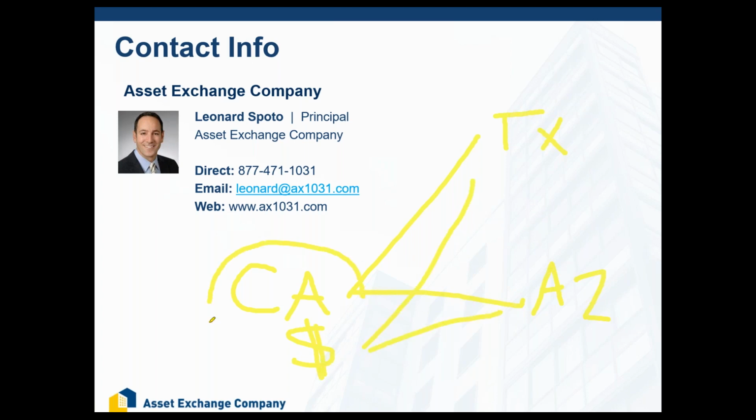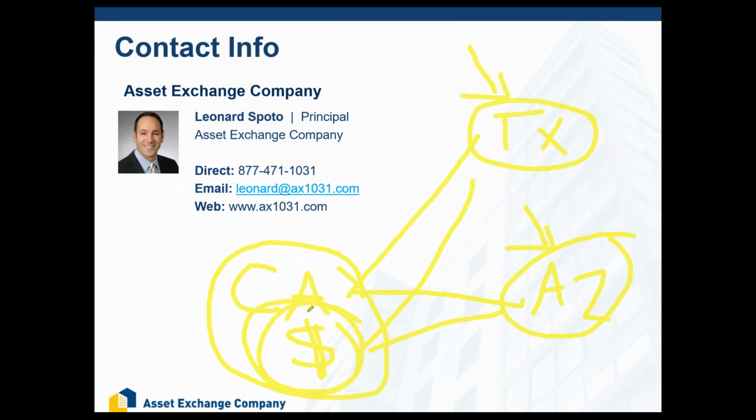So the government in California requires you to let them know every single year that you have an ongoing exchange. If you do not let them know, they're going to assume that you sold your out-of-state properties and make you pay taxes. So you have to file a form with California letting them know every single year that you have an ongoing out-of-state exchange. And when you cash out, they want you to pay taxes on the gains that left California.